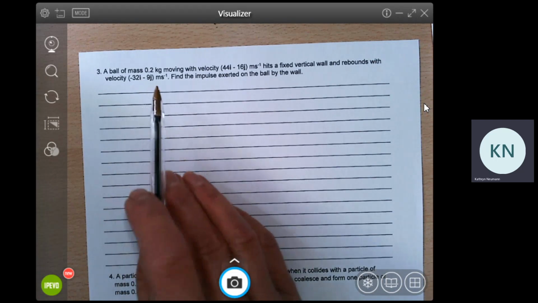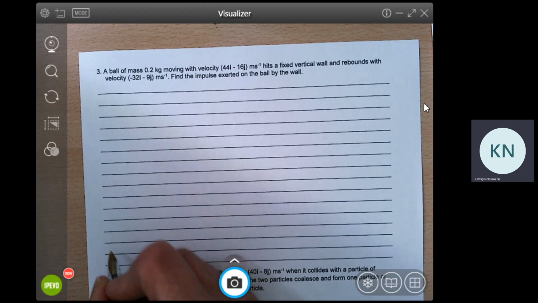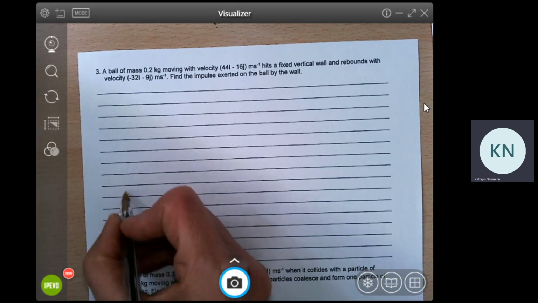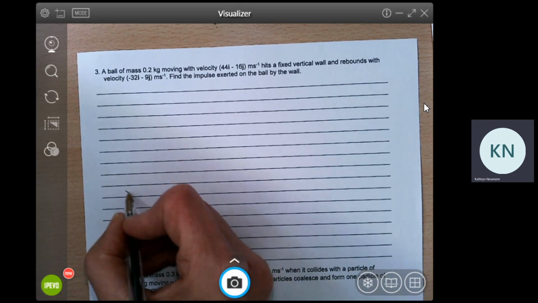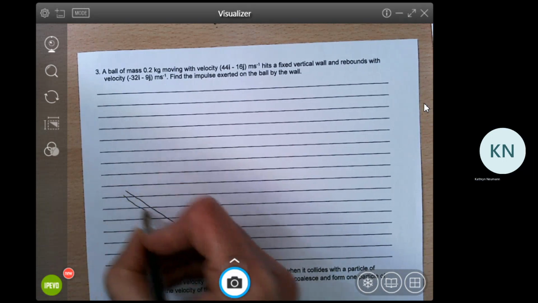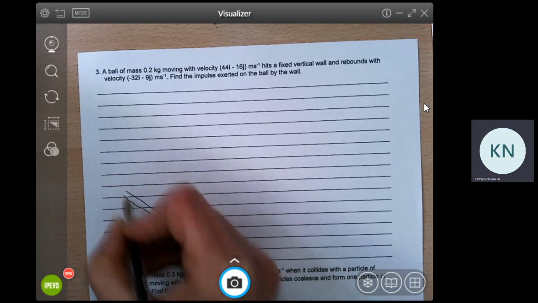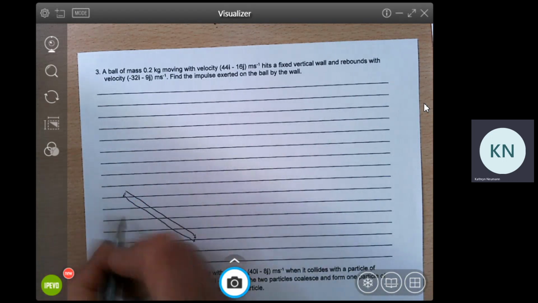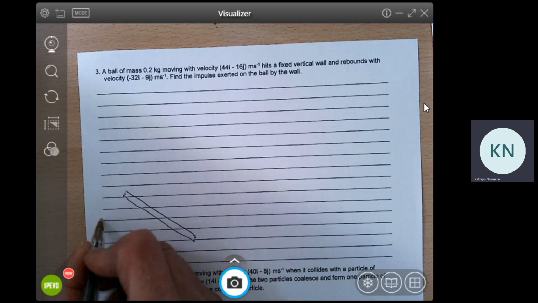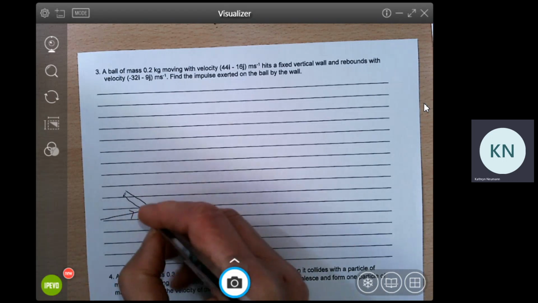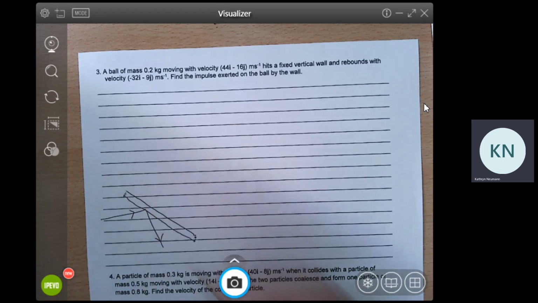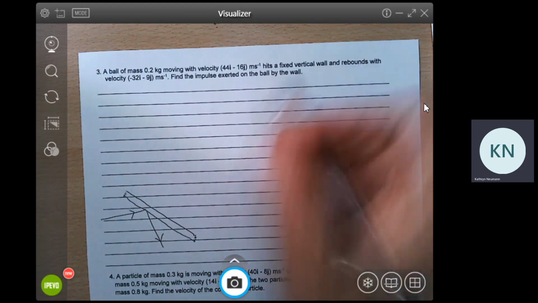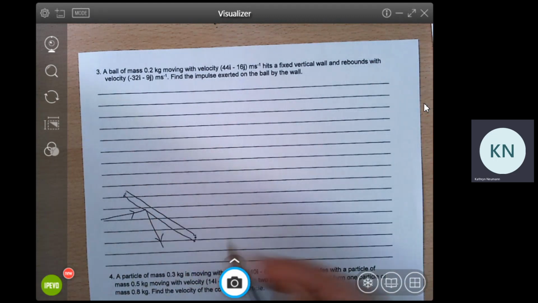It's important to realise here that if I was to draw a plan view, we've got something like this going on. Here is the wall, and it's vertical in the sense that it comes up from the page. Then the particle is hits it like this and then comes away. So just be careful that that word vertical means coming out of the page and your i's and j's are flat in the page.